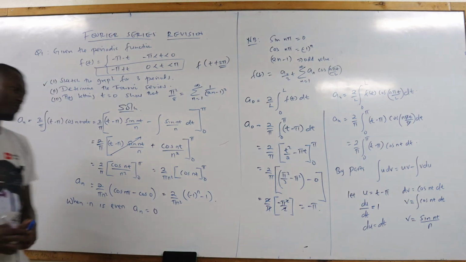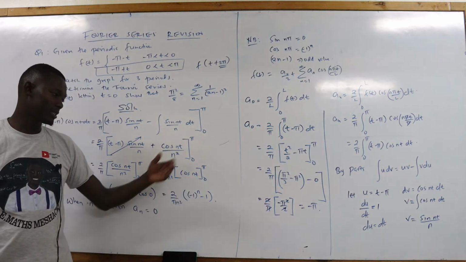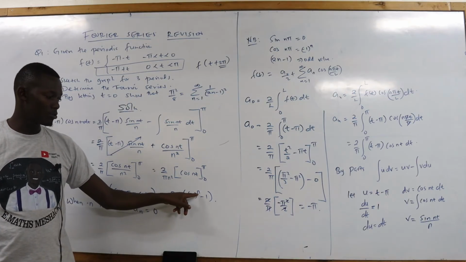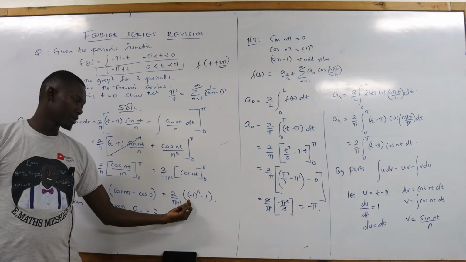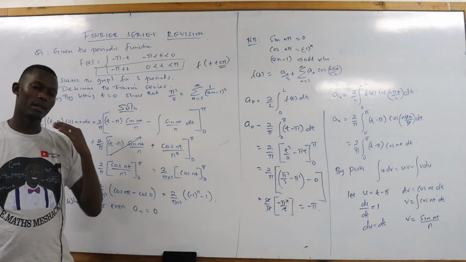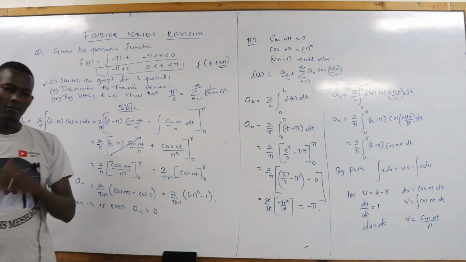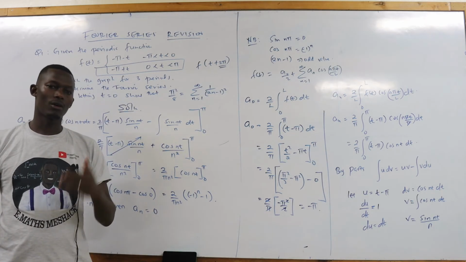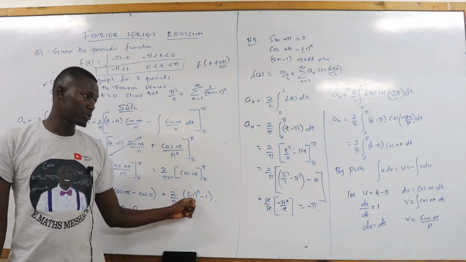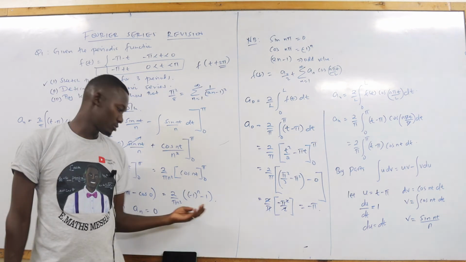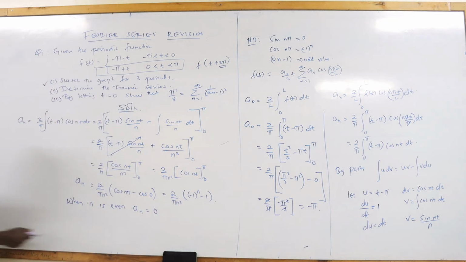It doesn't matter which value, if it is 4, 6, or 8. Anytime you raise -1 to an even power, the value becomes positive. So this will become 1, and 1 minus 1 is 0.